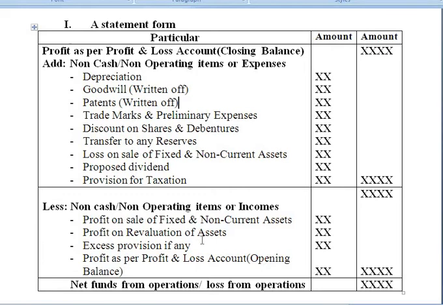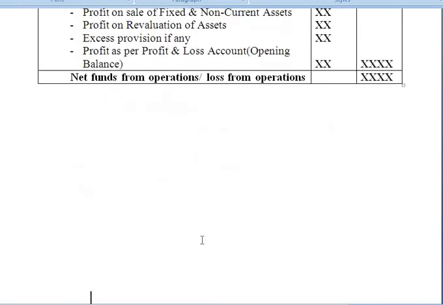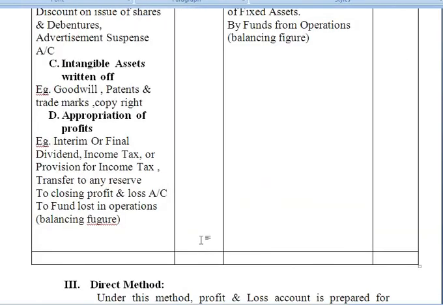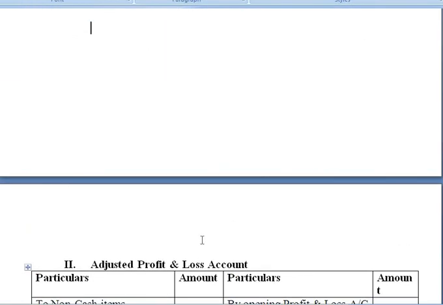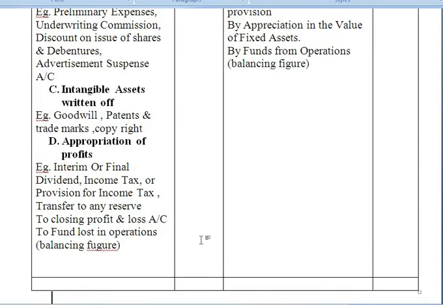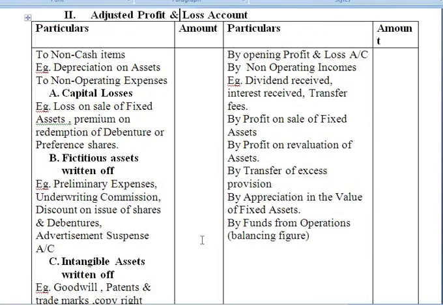Next, the same funds from operations we can find out with the help of the second method, which is called the adjusted profit and loss account. Here we have to write the debit side and the credit side.